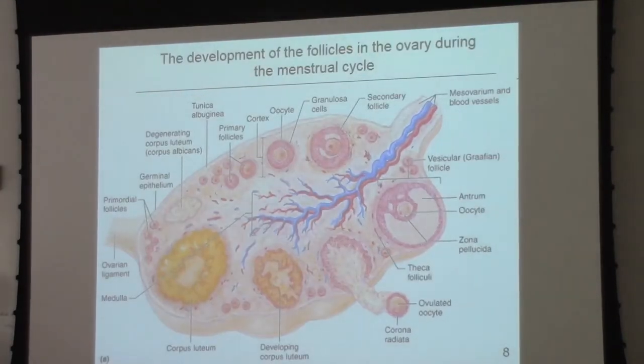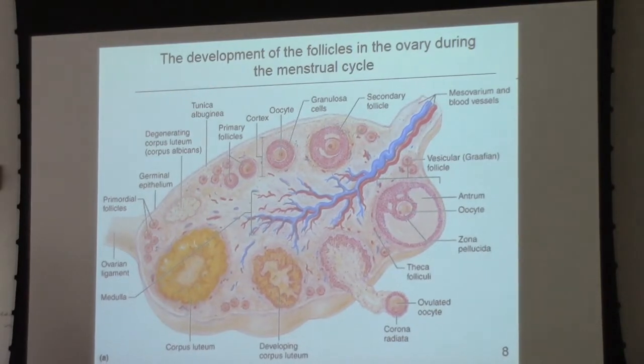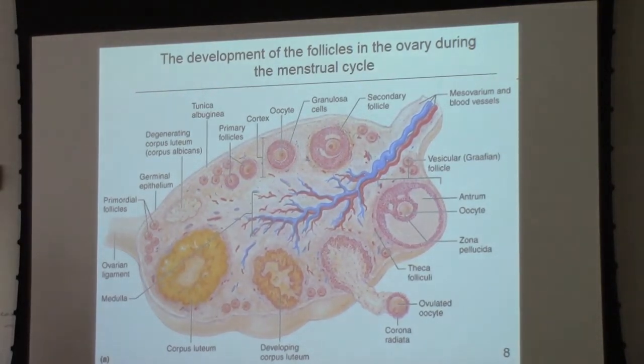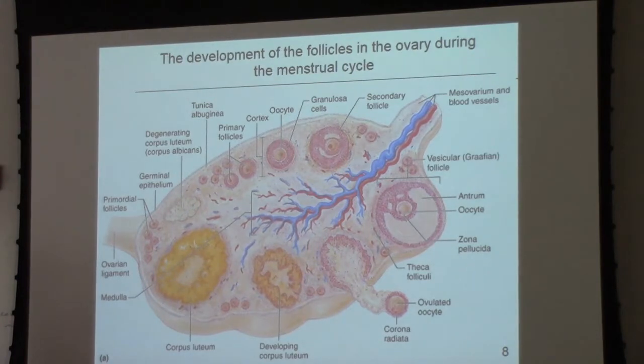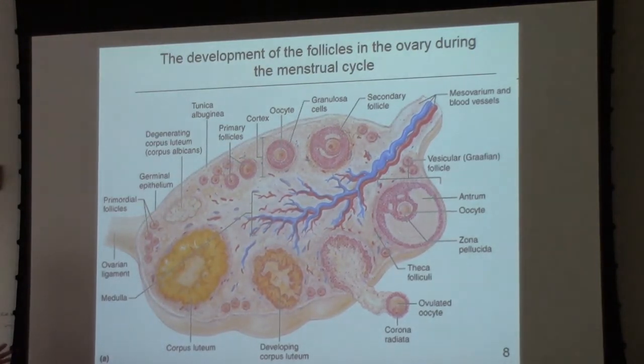So let's talk about the physical changes that go on in the ovary during the follicular phase. This is during the follicular phase. And again, just like the cartoon that we had of the seminiferous tubule, where the sperm seemed to be moving laterally as time was happening, that's not what's happening here.